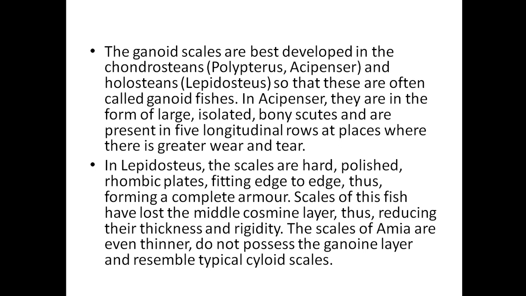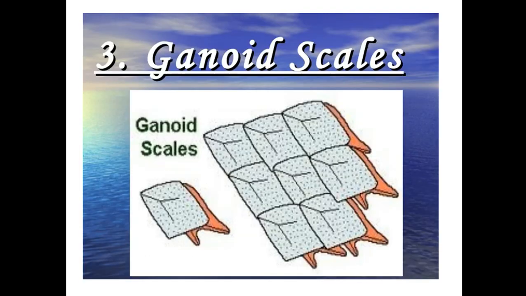The scales in one particular fish, Amia, which also has ganoid scales, are very thin because it does not possess the ganoin layer, and it looks similar to cycloid scales. See, this is how the ganoid scales are fitted.